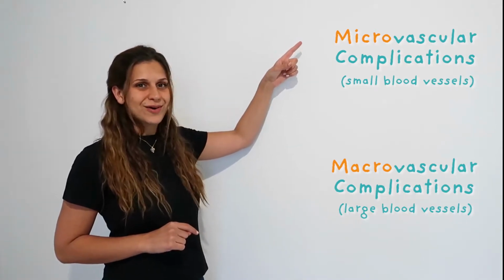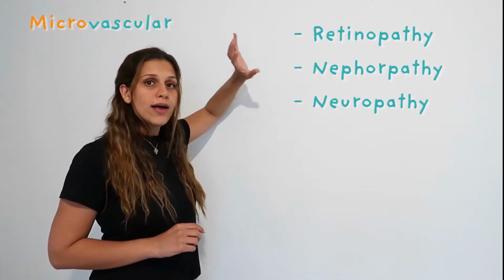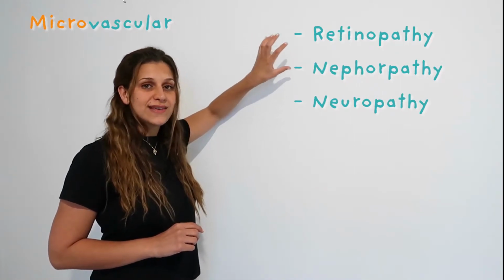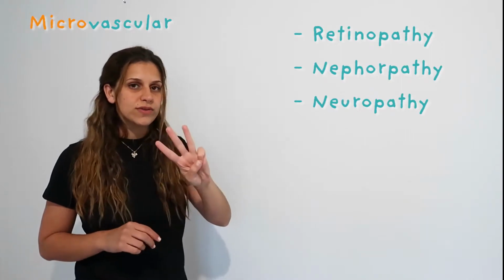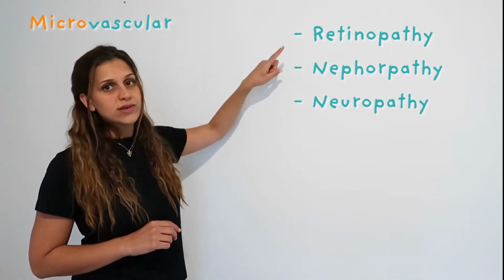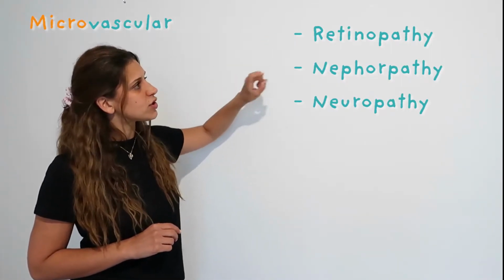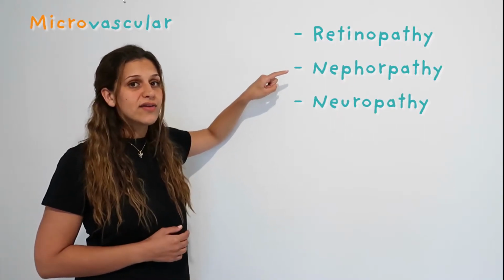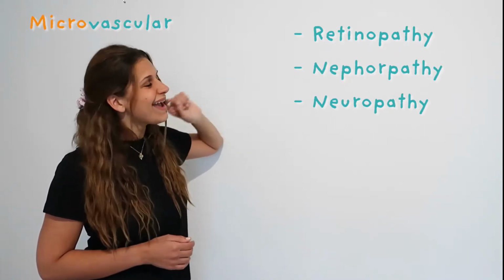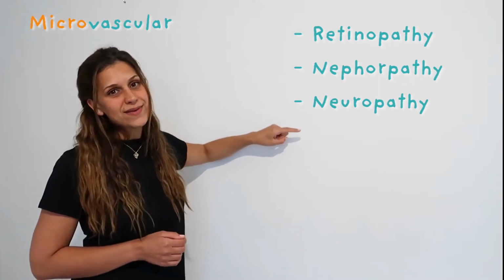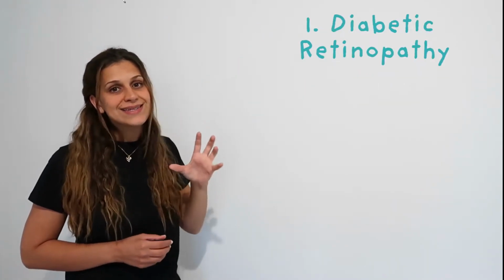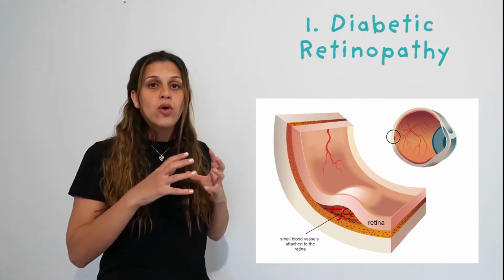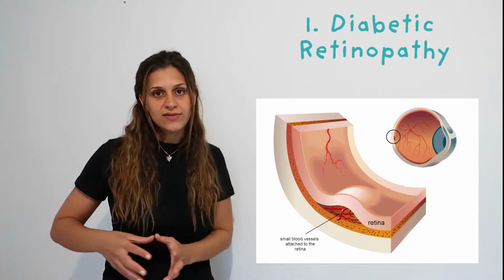So let's start with micro. Microvascular damage can occur in quite a few areas, but we're going to focus on three. There is a condition called retinopathy, a condition called diabetic nephropathy, and a condition called diabetic neuropathy. So with retinopathy, what happens is that the blood vessels attached to the retina, which is found inside your eye, will not get enough blood flow, okay?